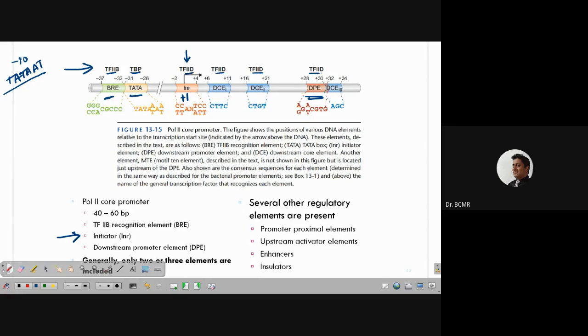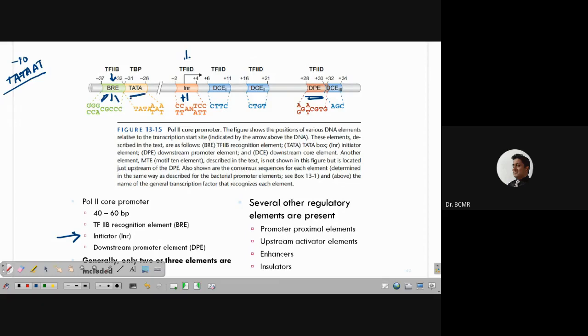You have TFII, TF is for transcription factor. And then there are several factors, like here it is called transcription factor IIB. Because TFIIB is binding here, this region is called the B recognition element, or TFIIB recognition element.